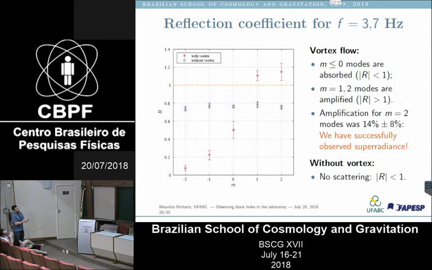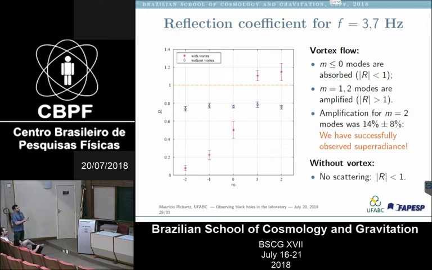This is for a fixed frequency, so I'm not changing the frequency anymore. So the water is standing still. As I said, ideally, we would like this line to be at 1, since when there's no vortex, everything that goes in goes back again.